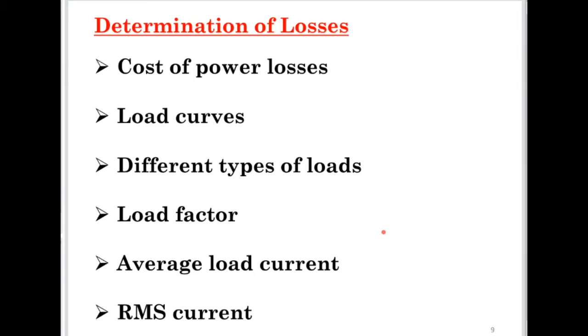And then we come to the next bullet point, which is the load factor. Load factor is the ratio of average load to the maximum demand. Now, what is average load? When we have a load curve, we can determine the average load. Even if it is a daily load curve, we can see the average daily load.